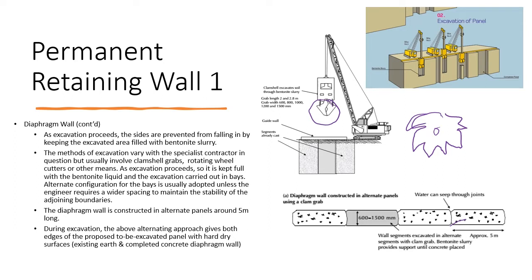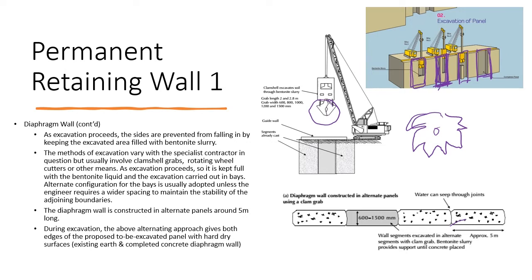As excavation proceeds, it is kept full with the bentonite liquid and the excavation carried out in bays, which means this is actually one segment. Okay, segment juga lagi. Jadi sebelah dia ni dia tinggalkan lagi, kita tak akan excavate dulu sebelah dia ni. Kita akan excavate dia alternate macam ni.